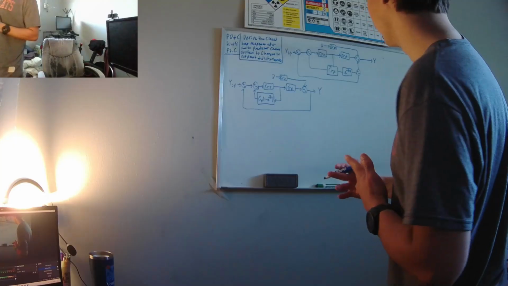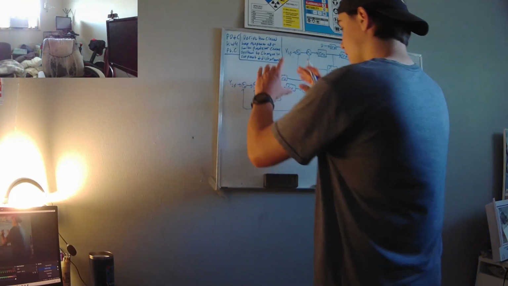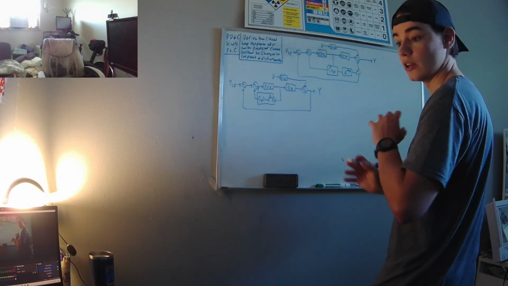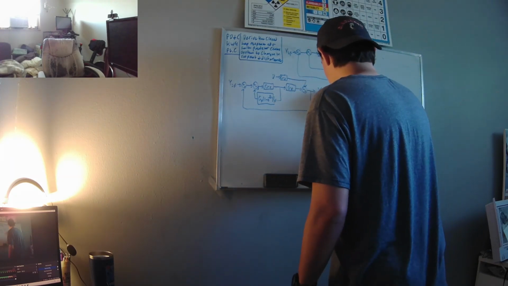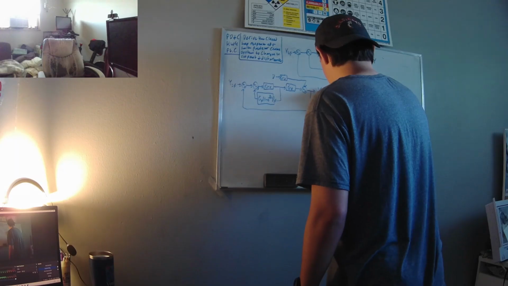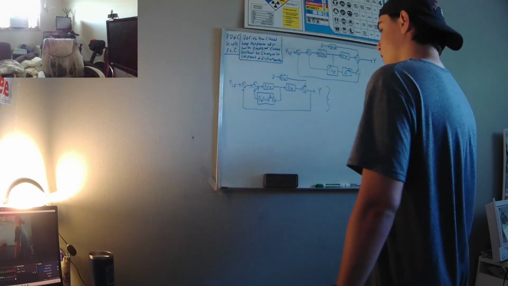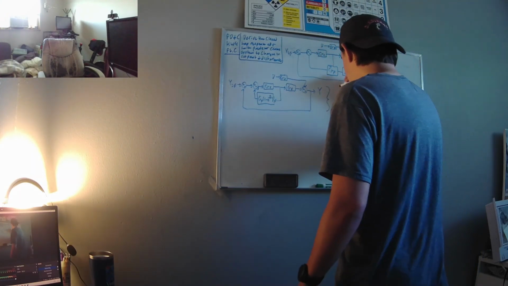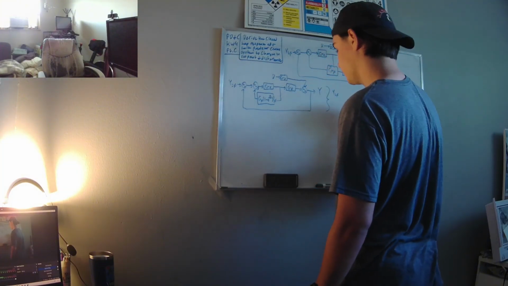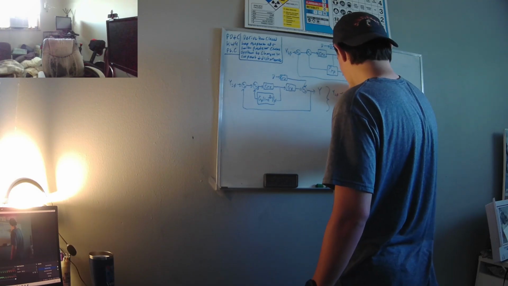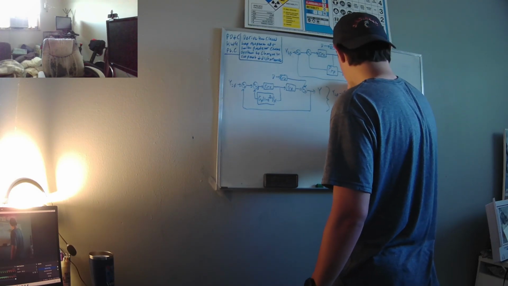Then another simplification we can make is we can just condense this entire closed loop down into one single closed loop transfer function. What that is going to give us, so we're going to have our set point coming in, our YSP, going into our initial controller.